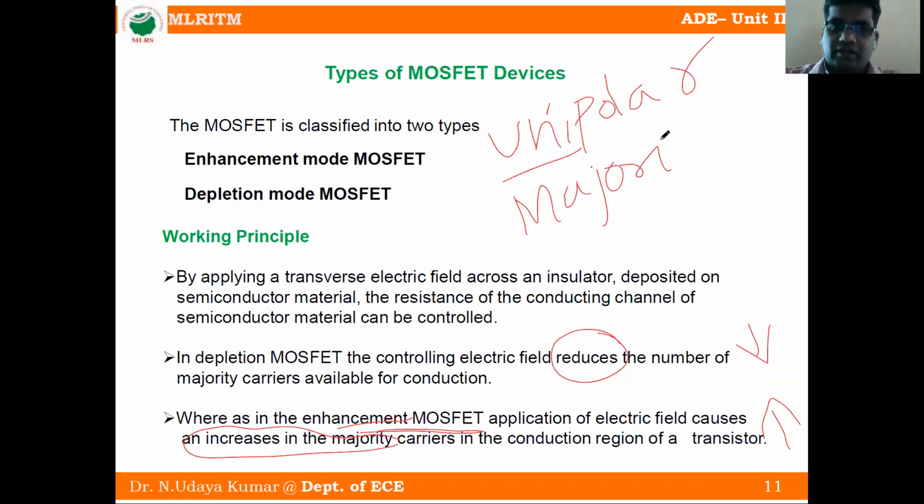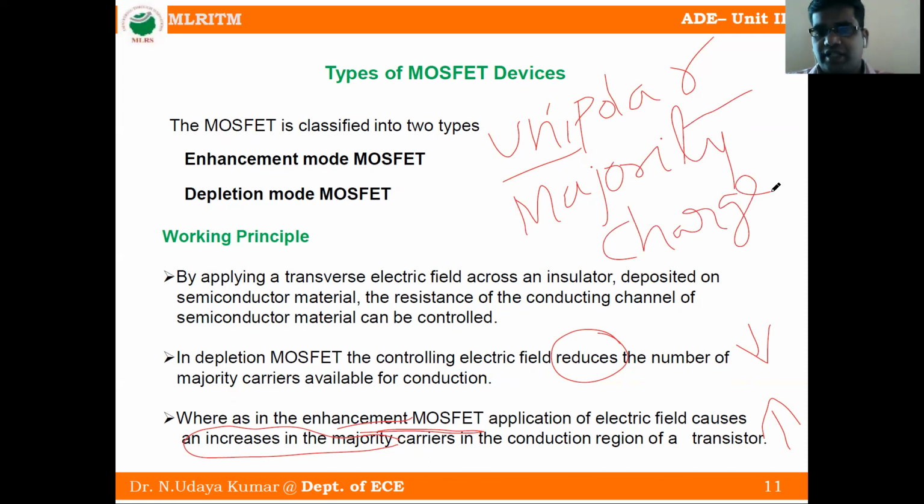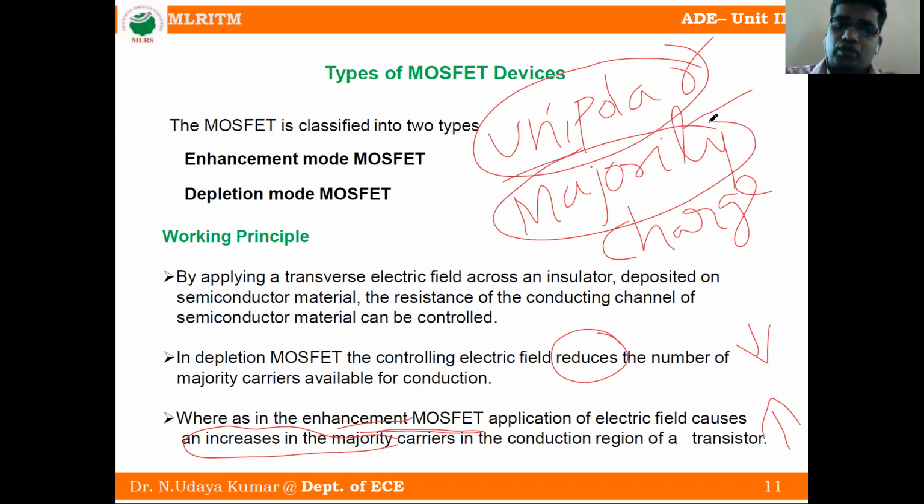So FET is a unipolar device, only one type of charge carrier, the majority charge carrier. Whereas BJT is bipolar, bi means two, both majority and minority charge carriers. FET is unipolar, only majority charge carriers.